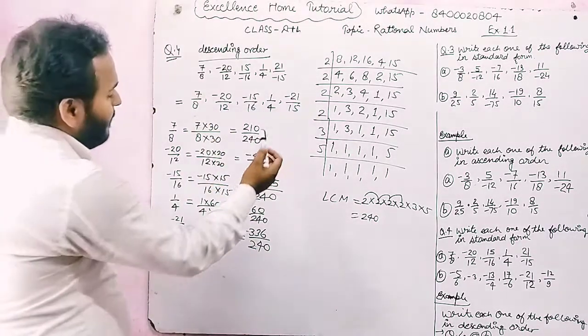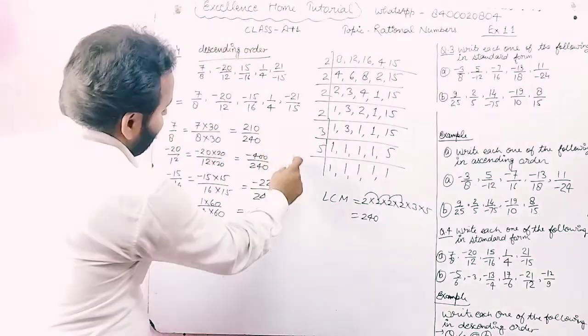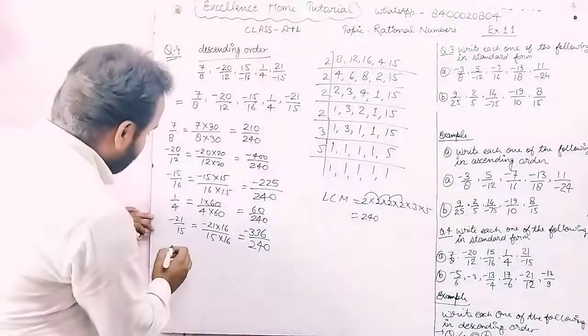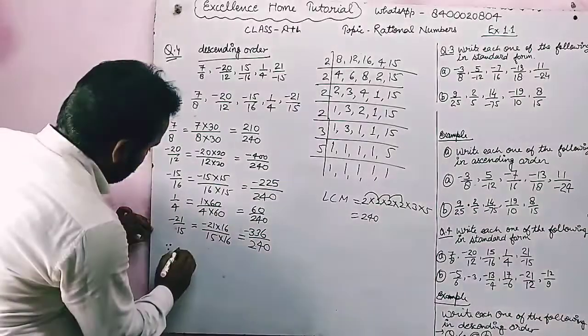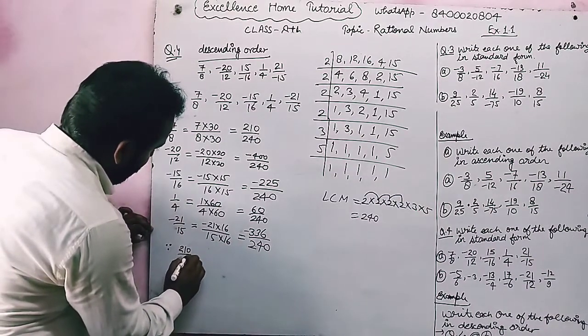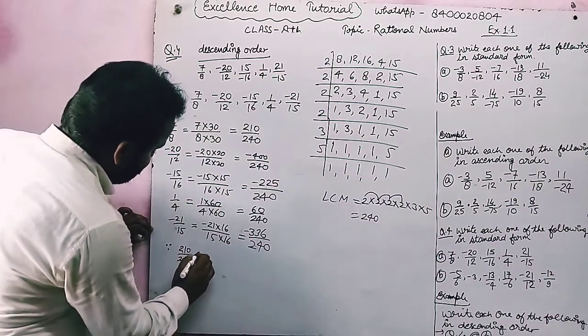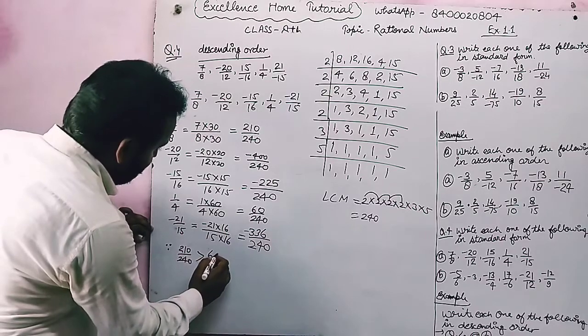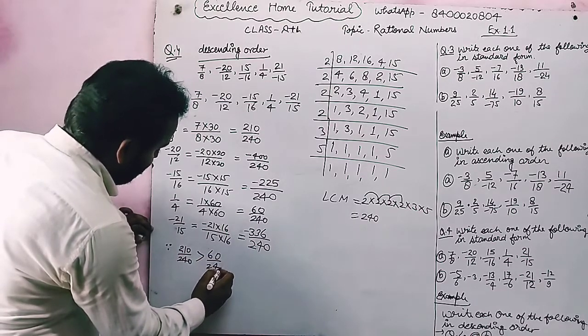So we have to observe that 210 is greater than 60. So we write that 210 upon 240 is greater than 60 upon 240.